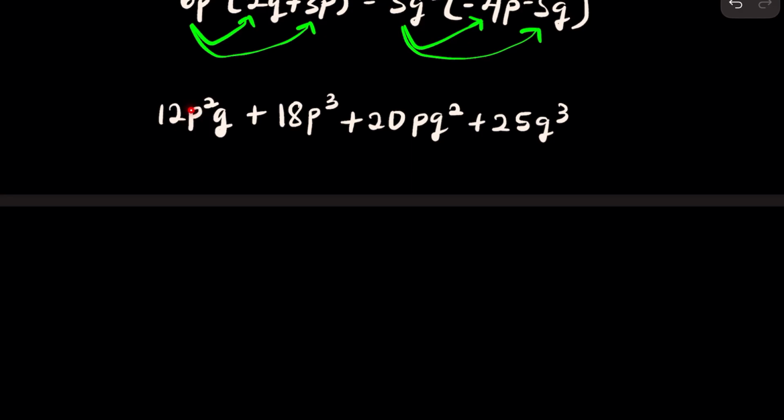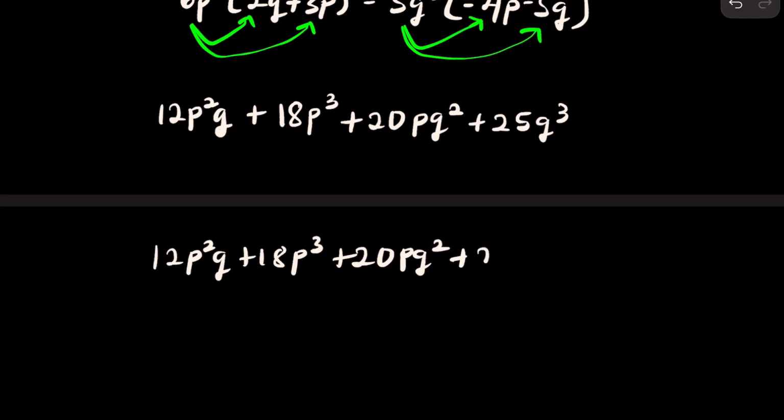Here we have p squared q, and there is no other p squared q term. We have p cubed, and there is no other p cubed term here. So then our result is just 12p squared q plus 18p cubed plus 20p q squared plus 25q cubed.